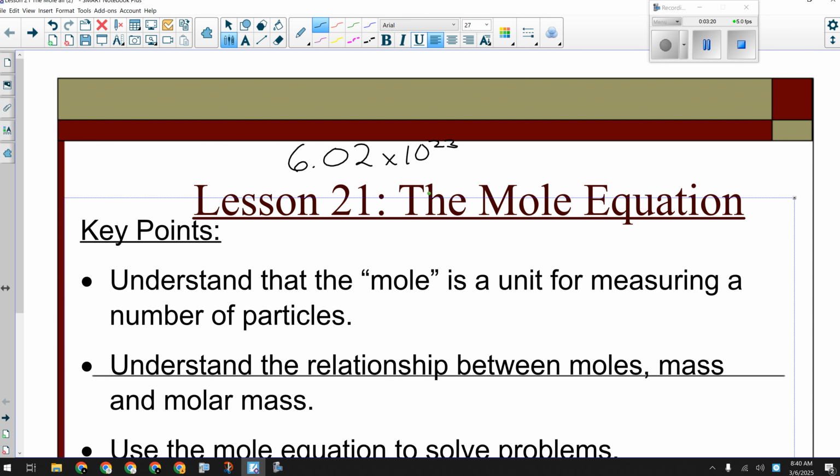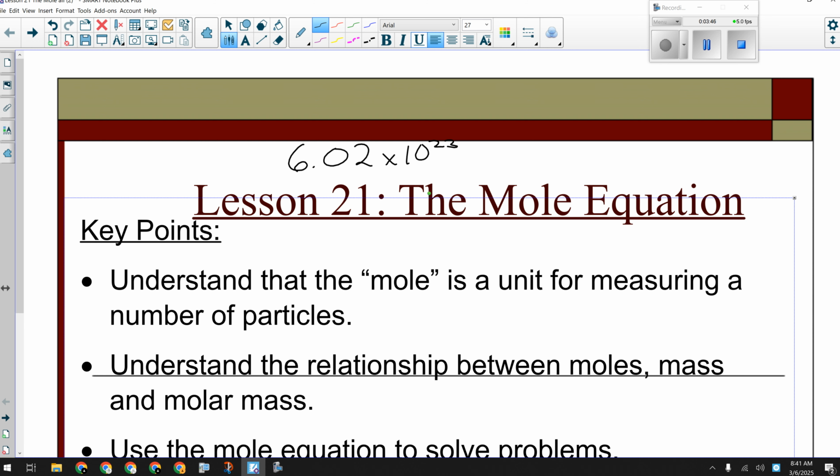It has one proton and how many electrons? It has one proton, one electron, and no neutrons. It's a very, very simple atom. So what they did is they figured out how many hydrogen atoms would be in 1 gram of hydrogen.